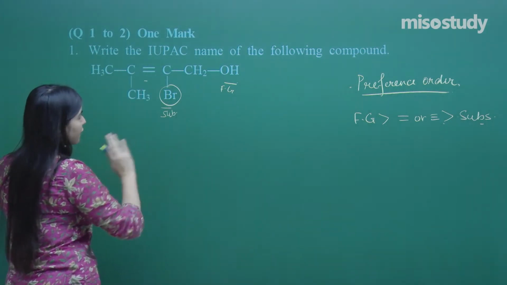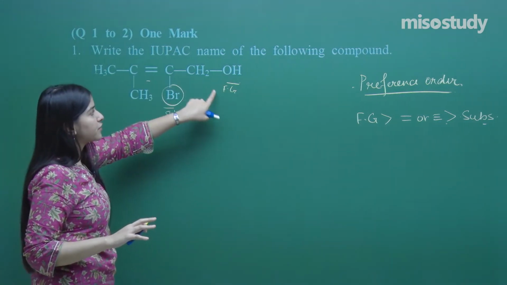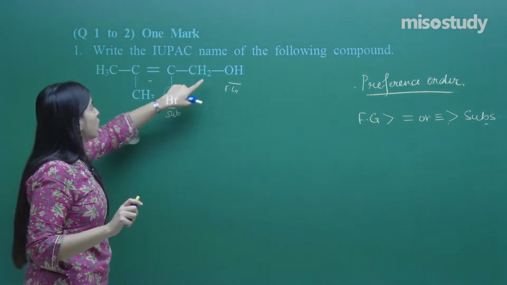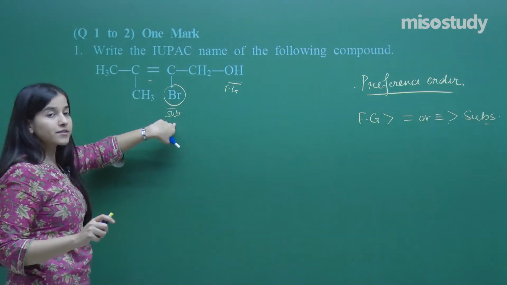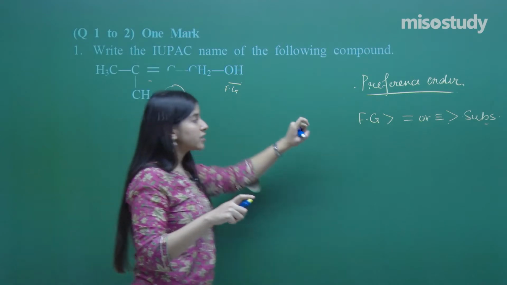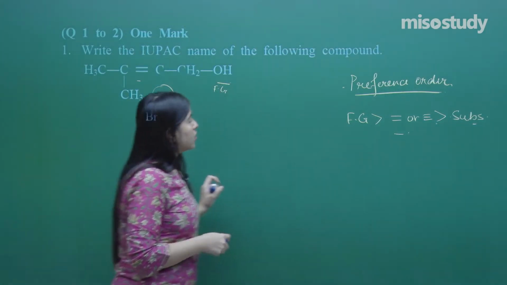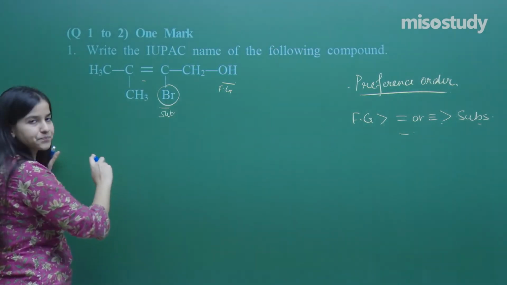double bond. If I try to number it from this side, right, if I try to prefer the functional group, numbering this carbon 1, what will happen is the second priority will be coming for the substituent, but it would have been the double bond to which I should give the priority, right. But if I try to have numbering from this side, what will happen?